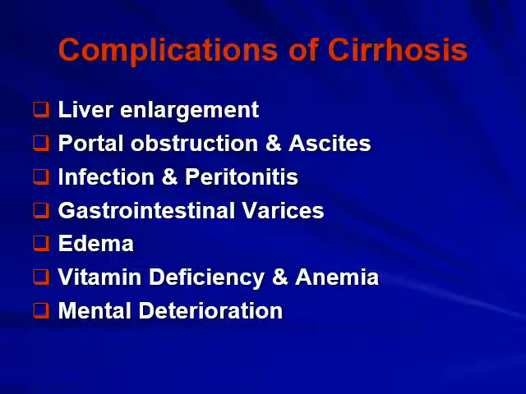As far as complications, liver enlargement, portal obstruction and ascites is a late manifestation. Could end up with infection or peritonitis. Again, the varices: the obstruction of blood flow results in the formation of collateral blood flow in the GI system, although this collateral blood flow is very delicate, and so with high pressure it is likely to burst, and then we'll have bleeding varices.